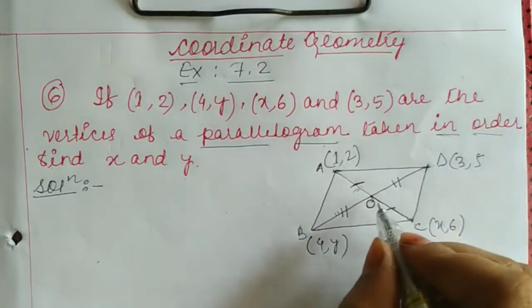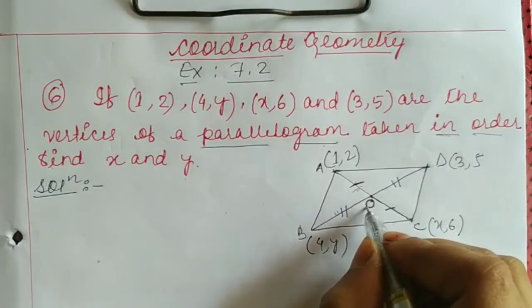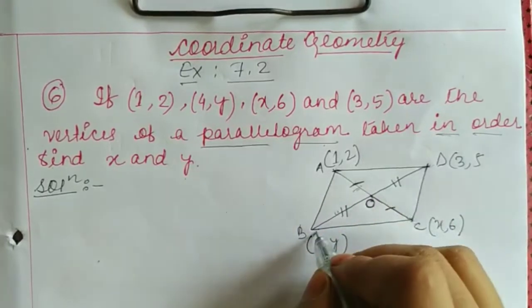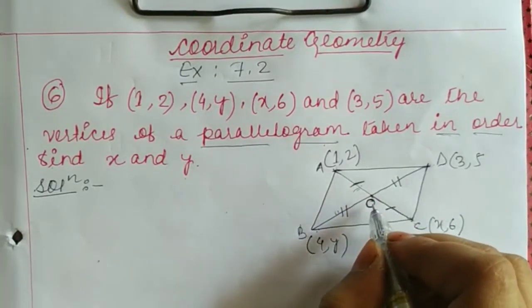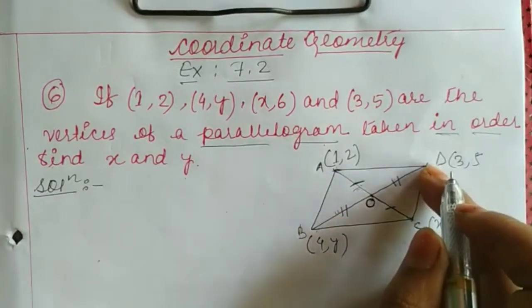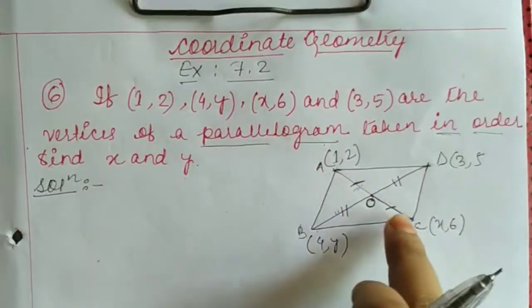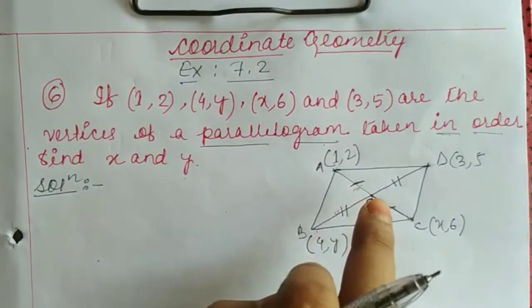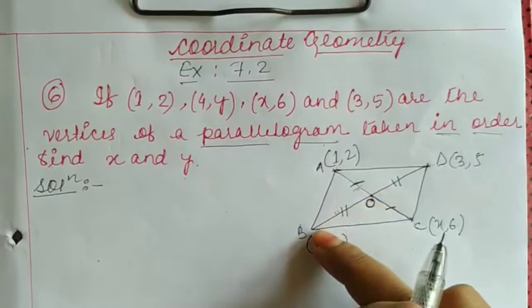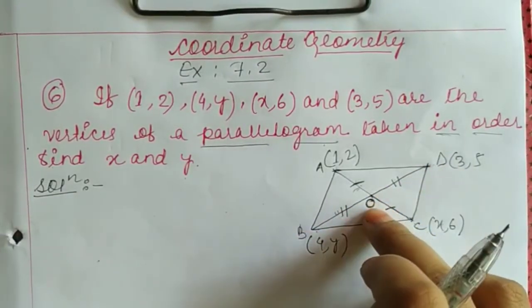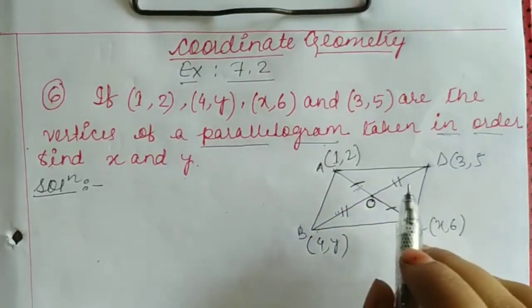So we have to find the coordinates of O, in the case of AC and in the case of BD. If we take AC as a line, the point of intersection is O. Similarly, if we take BD as a line, the point of intersection is O. So we will find out the coordinates of O.